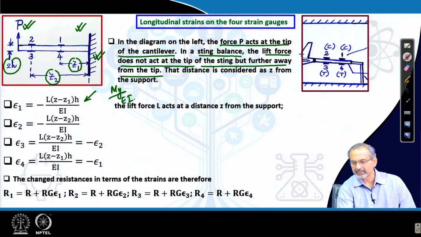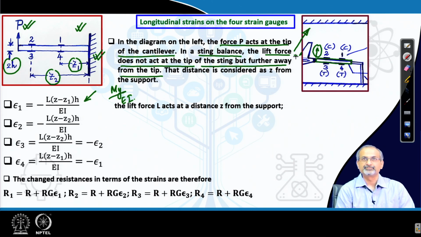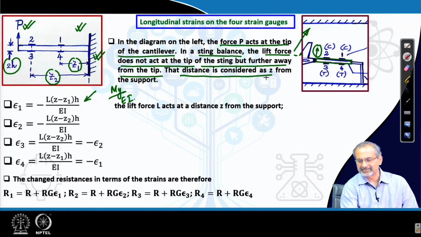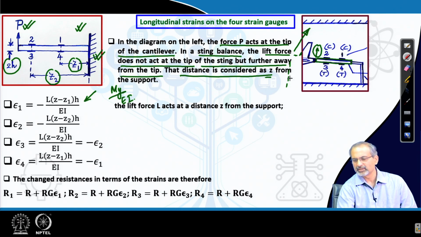You can figure out here in this diagram partly that the lift force may be acting at a distance here, and that is not exactly the tip of this sting balance, because this is the extent of the sting balance, and certainly the applied force does not act here. So, we will consider that distance to be z from the support. If this is the location at which the force is acting, then this is the z distance that we are talking about.